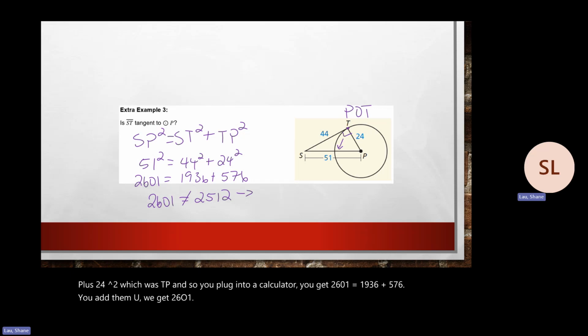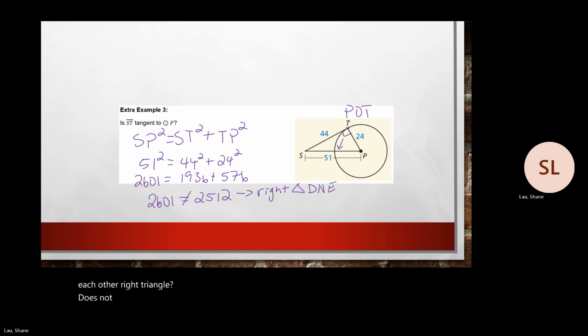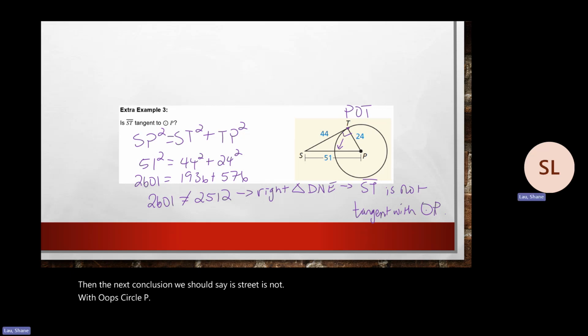Because they are not equal to each other, the right triangle does not exist. Then the next conclusion we should say is ST is not tangent with circle P. Okay, very good.